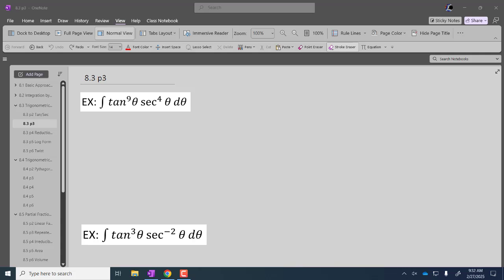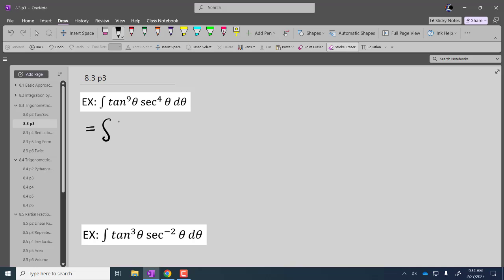Why would we do that? So if we pull off a secant squared and we put it over with the dx, what is our plan to let u equal? If we put secant squared with the differential, so let's go ahead and just start this one. So we want to be thinking about what our plan is.